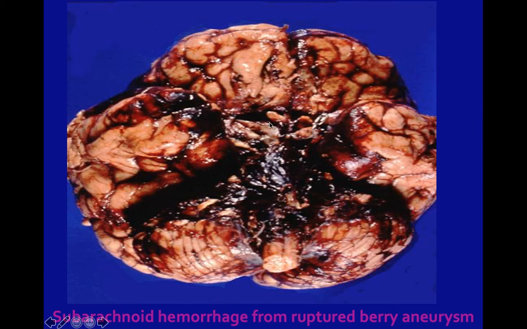So this is the rupture of an aneurysm, and this is what we call a berry aneurysm, which is an aneurysm that occurs at the base of the brain in what's referred to as the circle of Willis. And typically, people are not going to survive a subarachnoid hemorrhage.